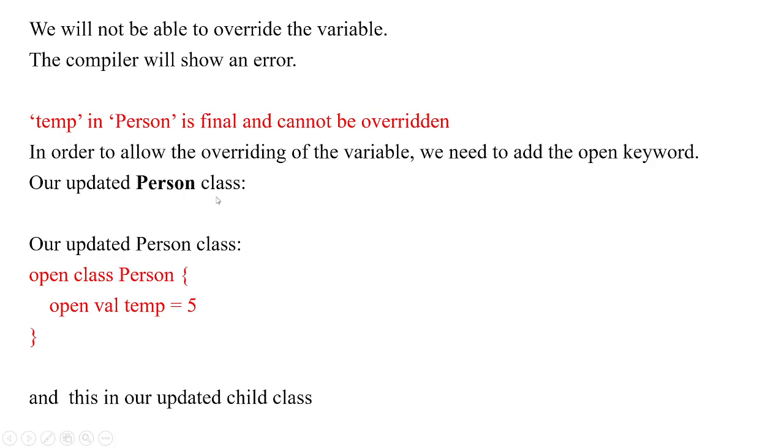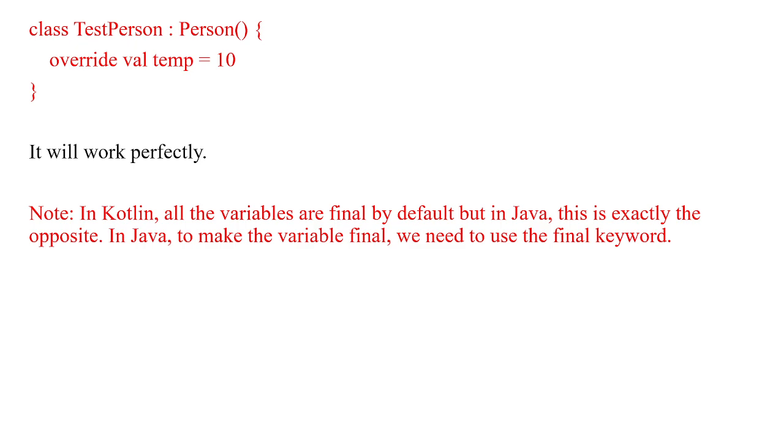In order to allow overriding of the variable, we need to add the open keyword to the temp variable. So this is our updated child class, and we can happily override our temp variable, and this will work perfectly.